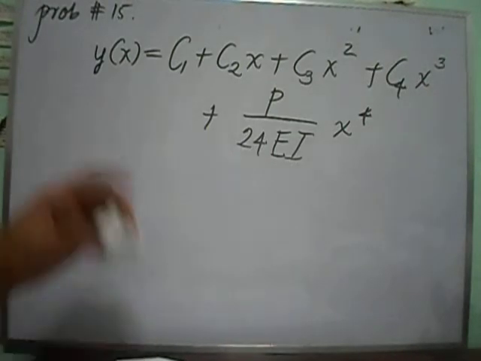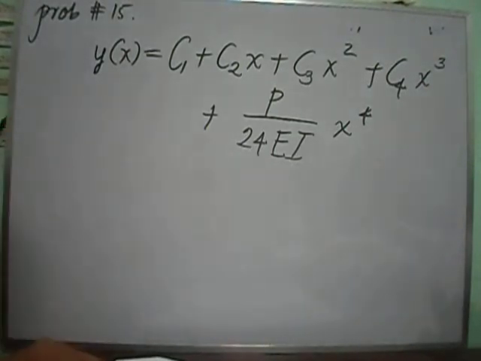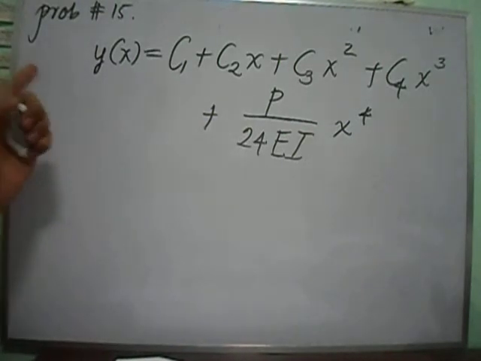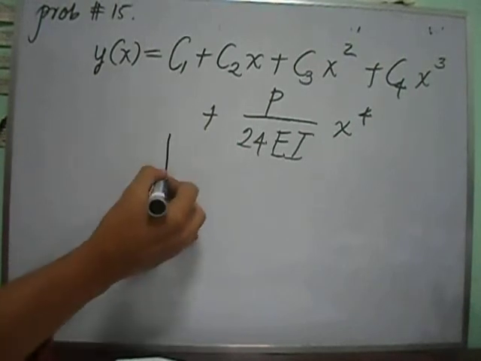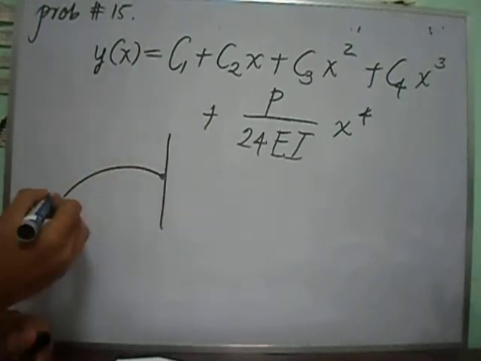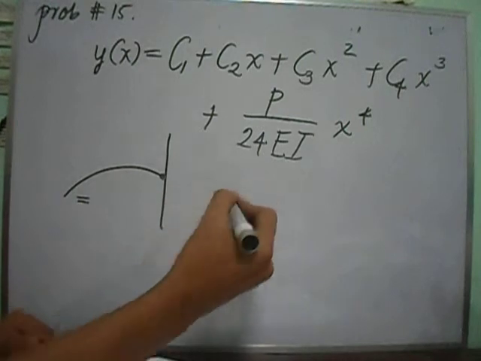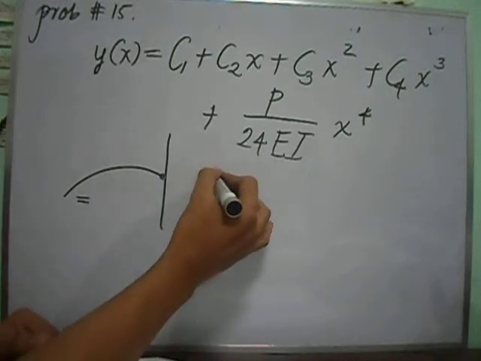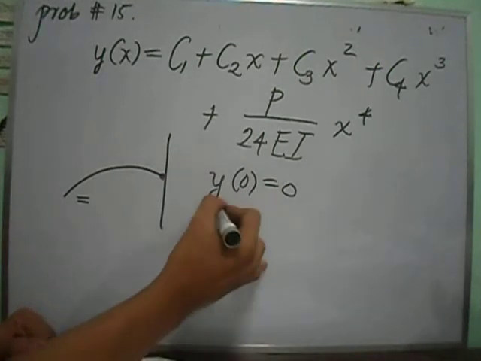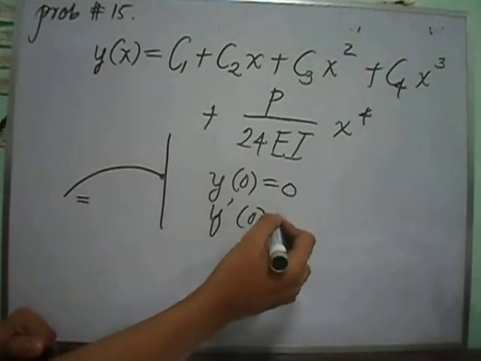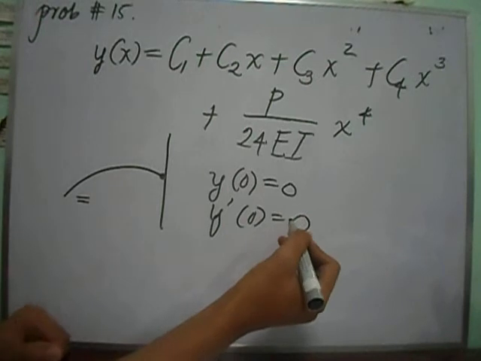To find these, we need the boundary value problem, in which the beam is subjected to constraints at the free end and at the fixed end. Since we have a cantilever beam fixed at one end and a free end here, the constraints are y of 0 equals 0, y prime of 0 equals 0.